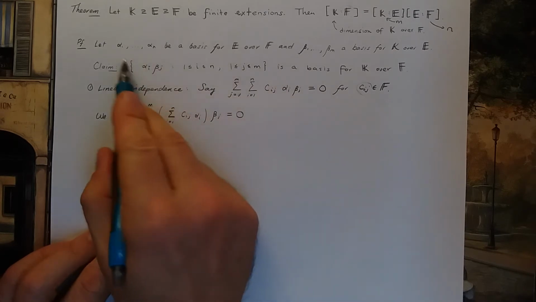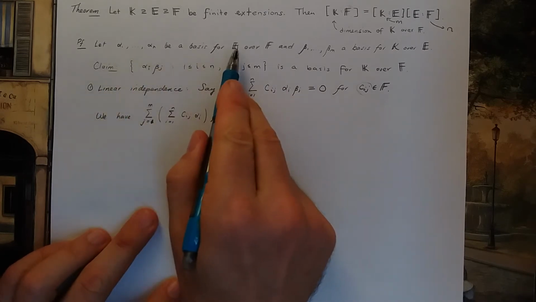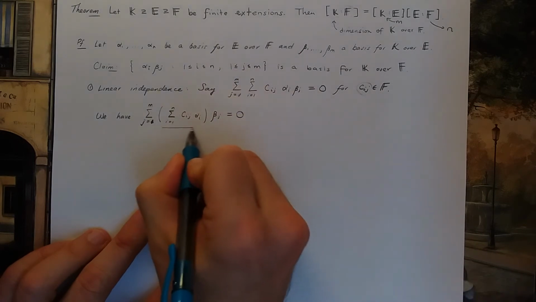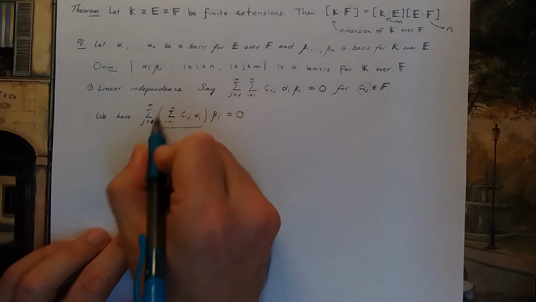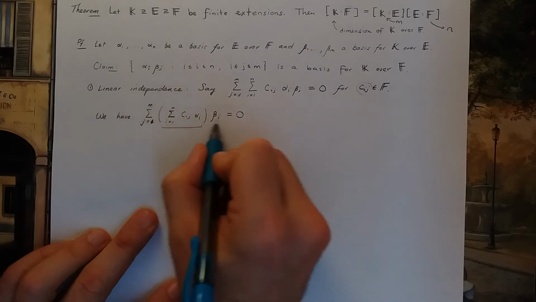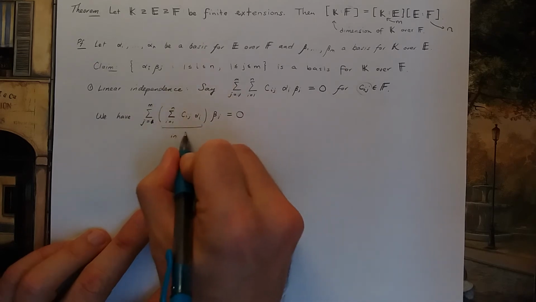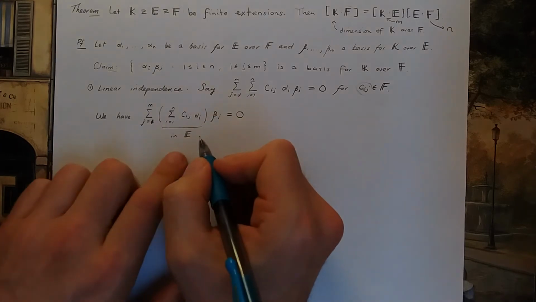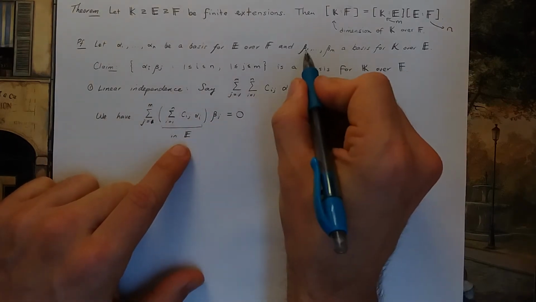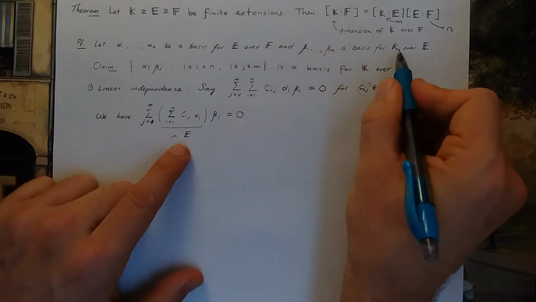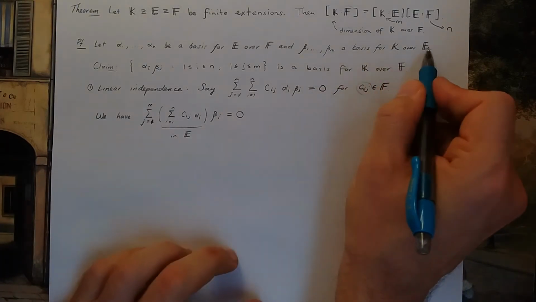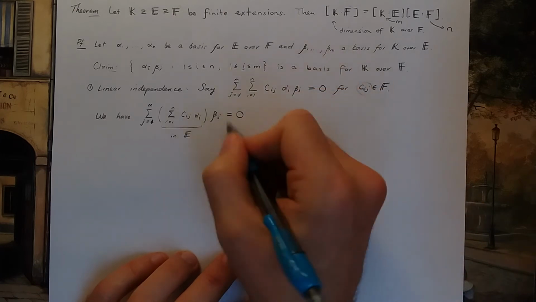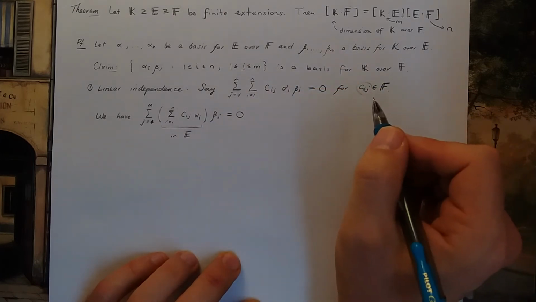And alpha 1 through alpha n are elements in E. So this term in the parentheses, for any given j, these coefficients of beta j are in E. Now, beta 1 through beta m is a basis for K over E, meaning that beta 1 through beta m are linearly independent.